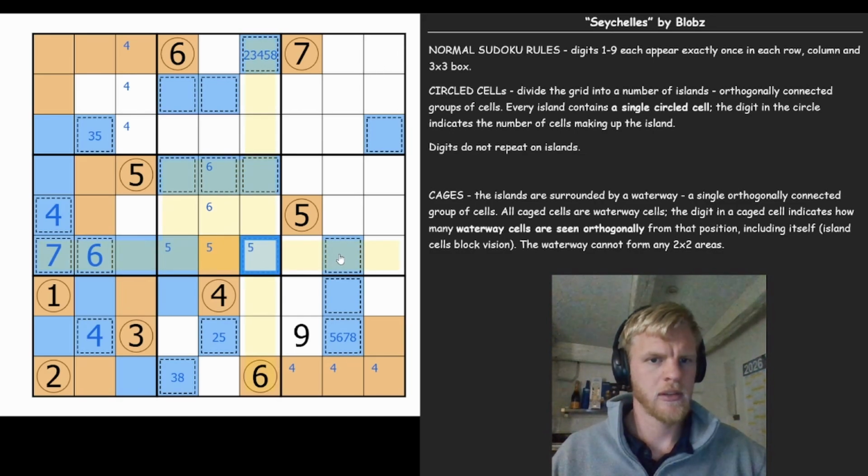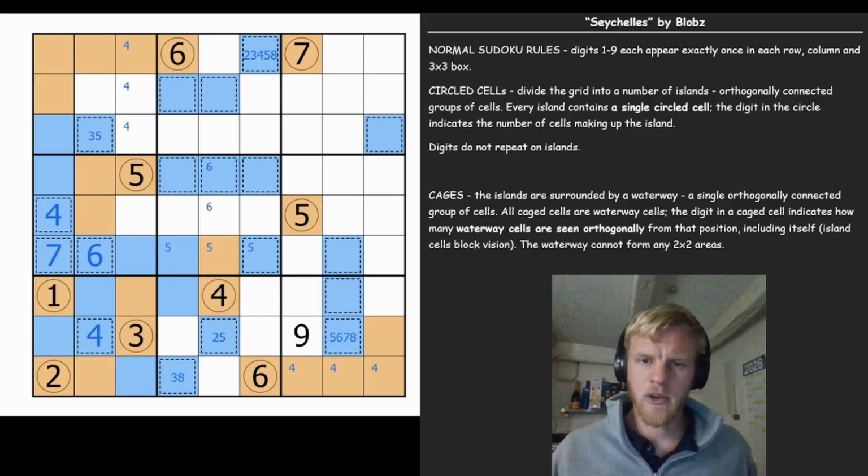A 5 here. Like this. Am I forgetting a rule again? Digits do not repeat on islands. Don't have that many numbers on islands.